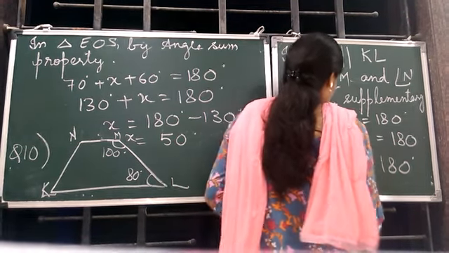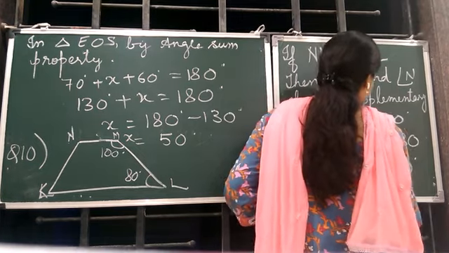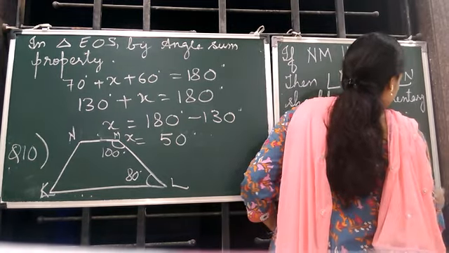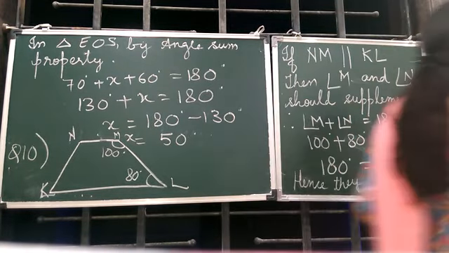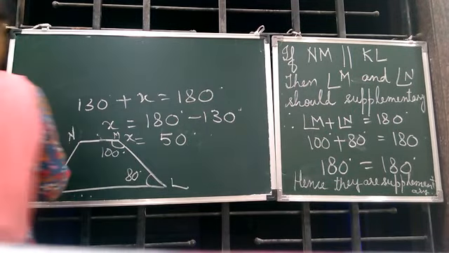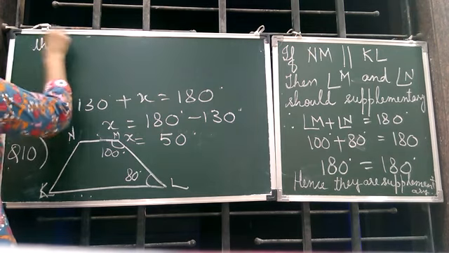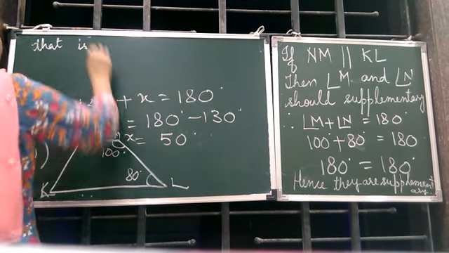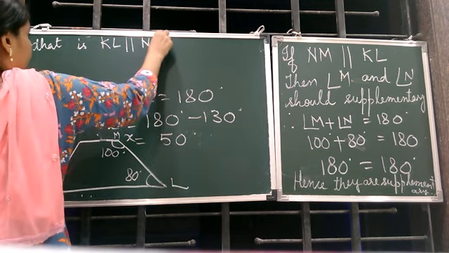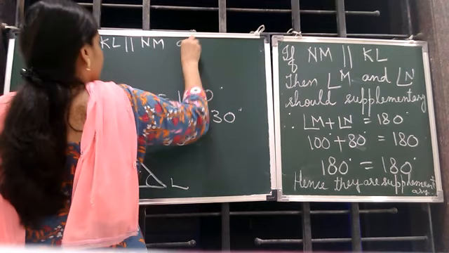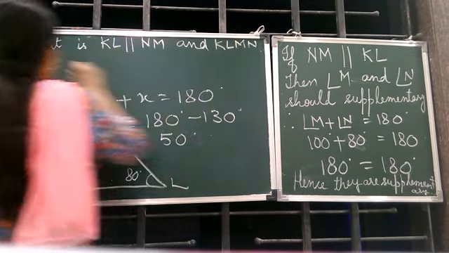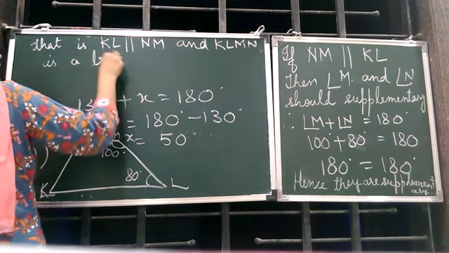Hence, they are supplementary. That is, KL is obviously parallel to NM and KLMN is a trapezium.